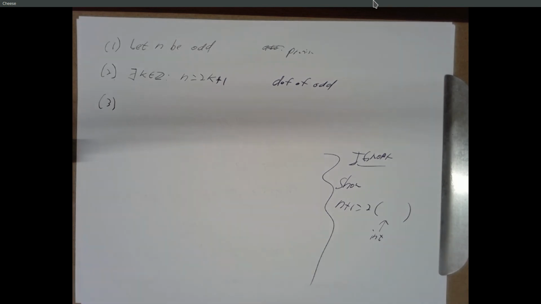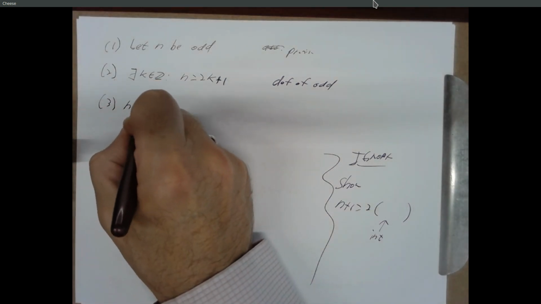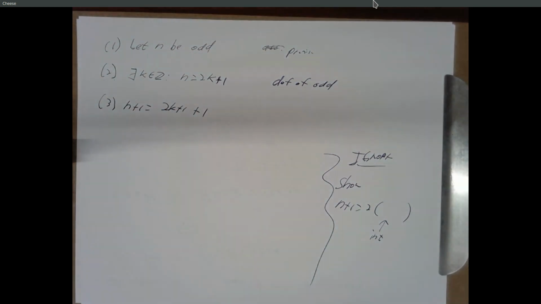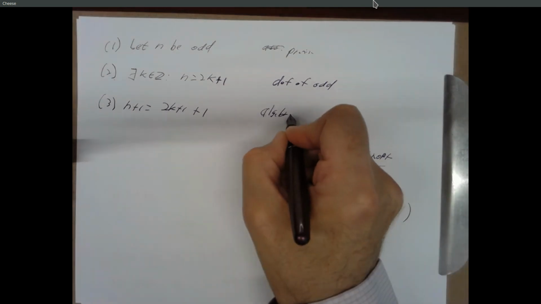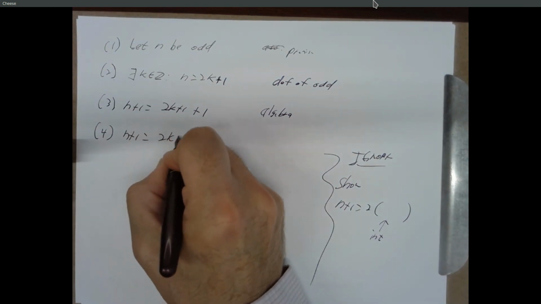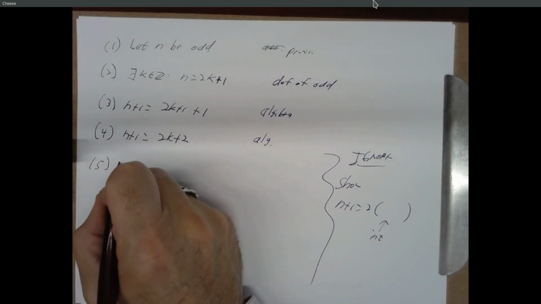It may not be clear that this is going to be useful, but I'm just going to write down what n plus 1 is equal to using that. And that's just algebra, and I can combine that into 2k plus 1. That's more algebra.